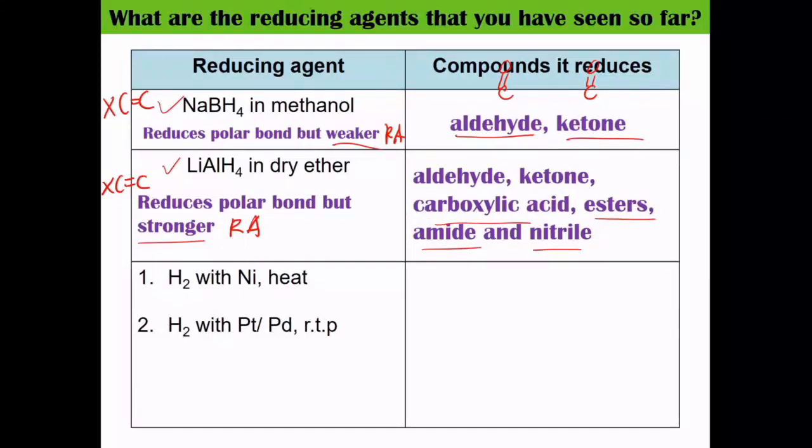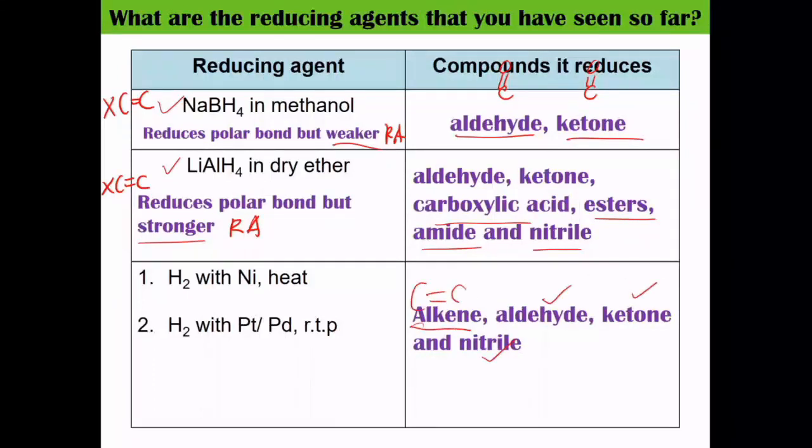Then how about your last, the hydrogen with nickel or platinum catalyst? Now, this one can reduce alkene. This one you should know: C=C double bond, aldehyde, ketone, and also nitrile. Okay, so you can take a photo. But over here, what I need you to take note of is that if you need to reduce carboxylic acid and its derivatives, which are ester and amide, I can only use lithium aluminum hydride.